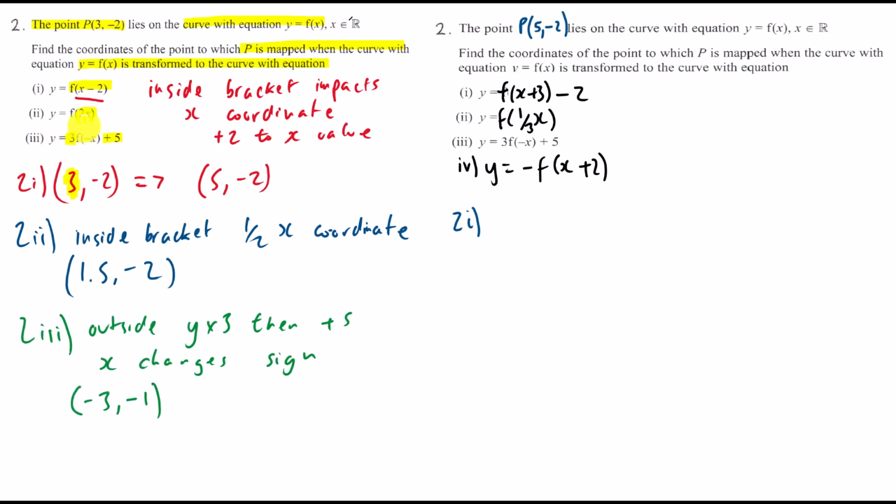Okay, now we've got the x as a negative sign, so all it is, your x coordinate changes sign to minus 3, and if you think you're starting at minus 2, you're timesing that by 3, which is minus 6, and you're adding 5, so you get minus 1.